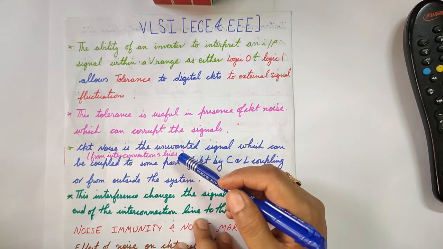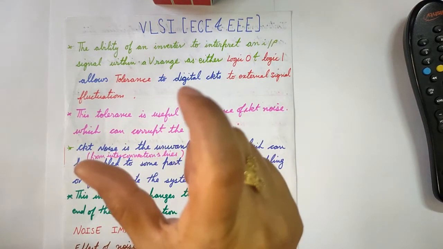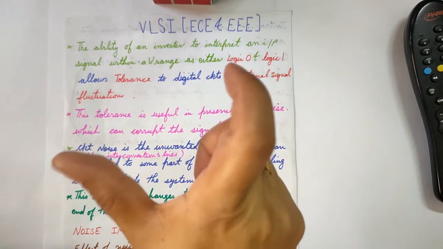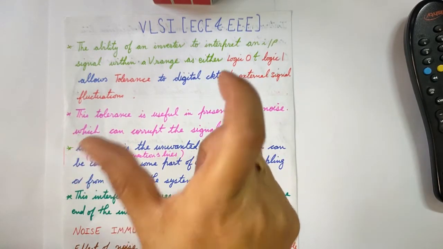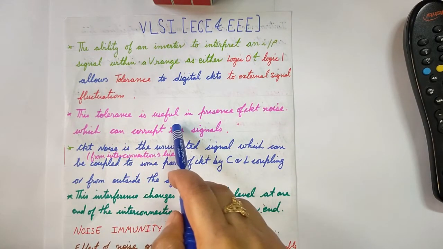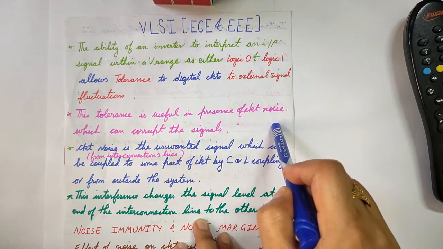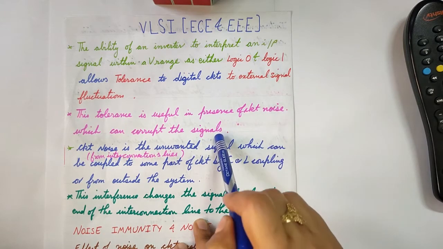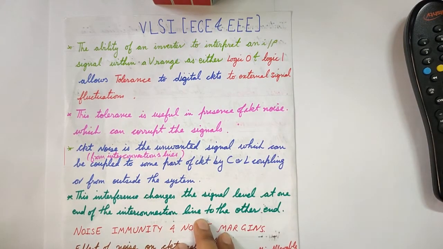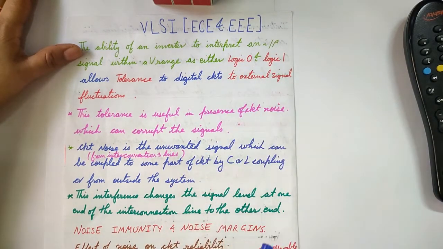If there are external signal fluctuations and they change the input signal being fed to the circuit, in that case, if the input signal has changed within that range, it will not affect the output. It will still give a correct output. This tolerance is useful when there is circuit noise as well as external noise which can corrupt the incoming signals. So this is very important, that the tolerance provides flexibility to work in a noisy environment.